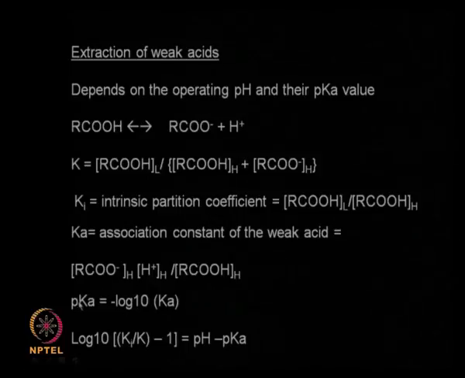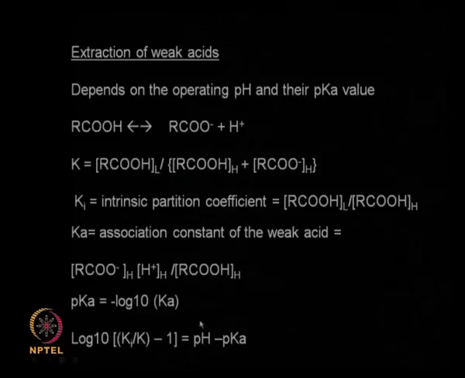So now this pKa, Ki, K are all interrelated in this form, logarithm to the base 10 of (Ki over K minus 1) is equal to pH minus pKa. So pH has a very strong effect on these terms here, because pH affects the dissociation of the weak acid to proton.